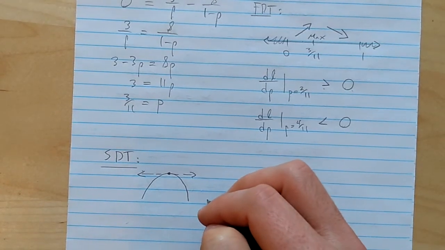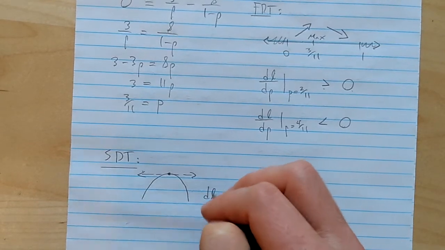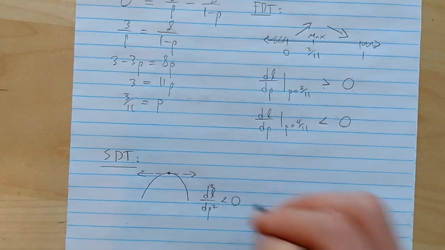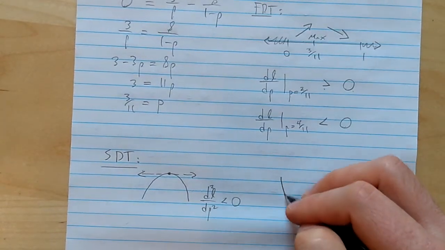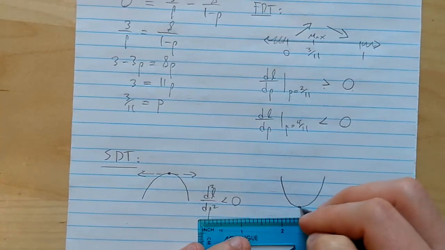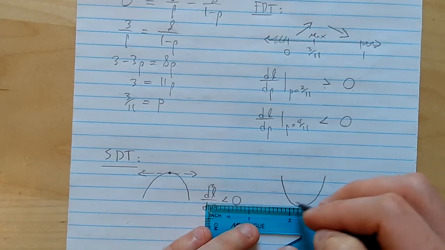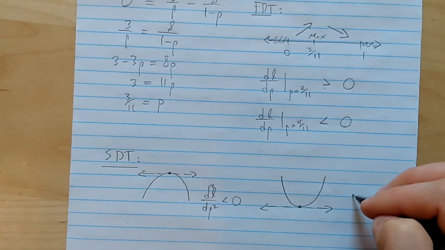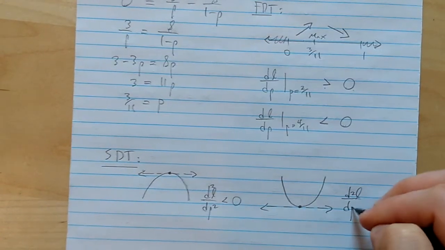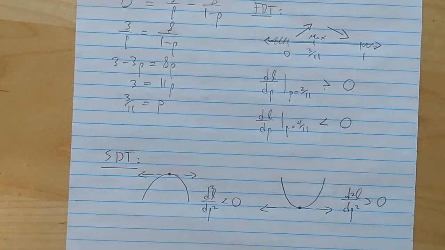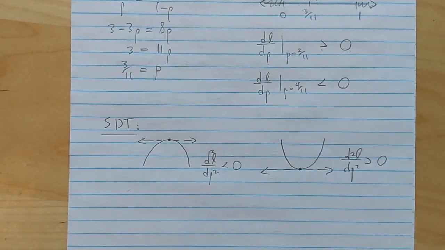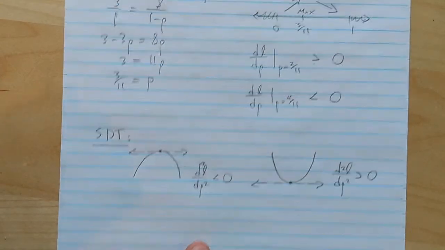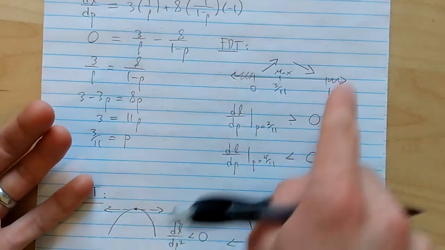This is what happens if our second derivative, d squared L by dp squared, comes out negative. On the other hand, if the second derivative comes out positive, the function is concave up. This is the situation when d squared L by dp squared comes out positive. So to check that this gives a max, we should take the second derivative and check that it's negative in this region of interest.